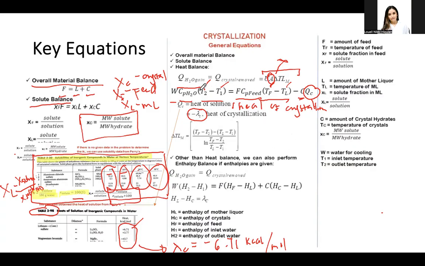Now, if the process gives enthalpies instead of temperature, we have this equation here.